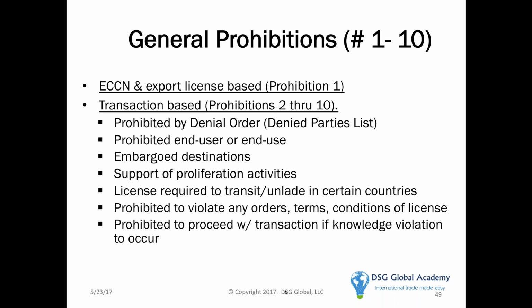And finally, if you look at the last bullet, it says prohibited to proceed with the transaction if a knowledge violation occurs. What that means, I'll give you an example.